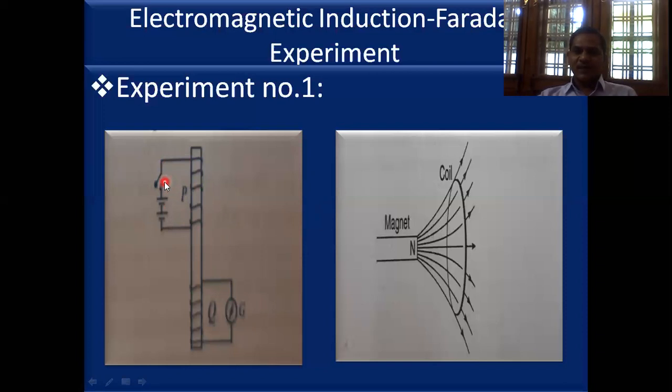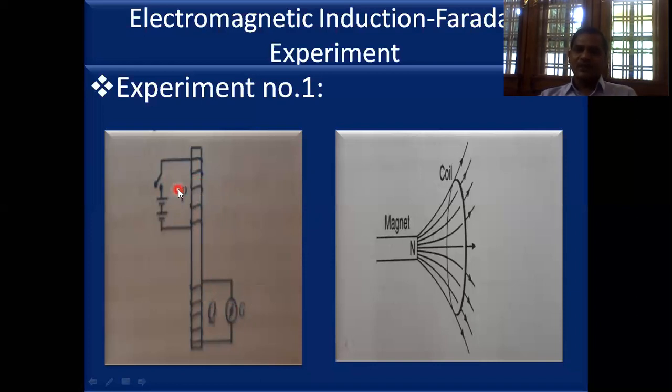Once the tap key is closed and a steady current is flowing through the primary coil, there is no deflection in the galvanometer. So whenever a changing current is flowing through the primary coil, deflection is observed in the galvanometer.